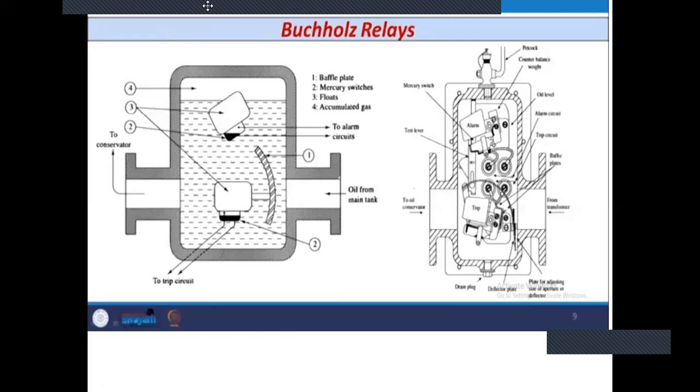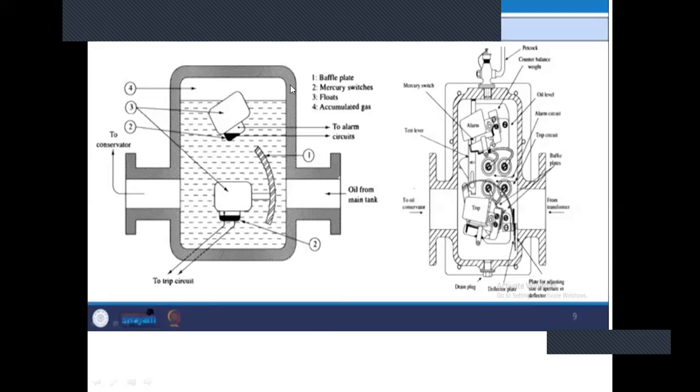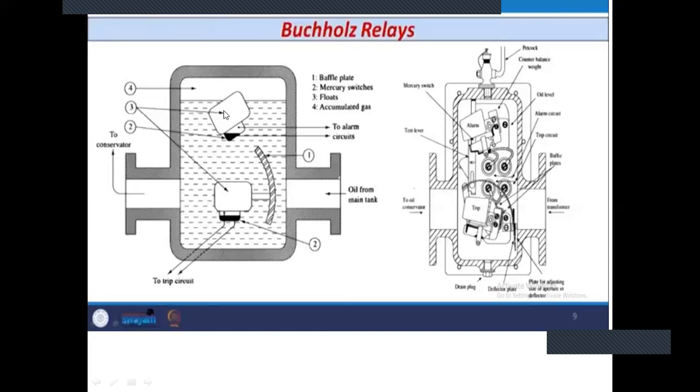The balance of the upper float gets disturbed, and hence it actuates the mercury switch just below the upper float and issues the alarm. This is how the upper float comes into the picture and issues an alarm whenever any incipient fault occurs.